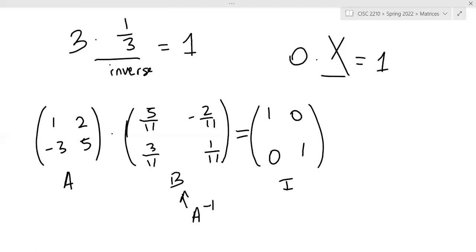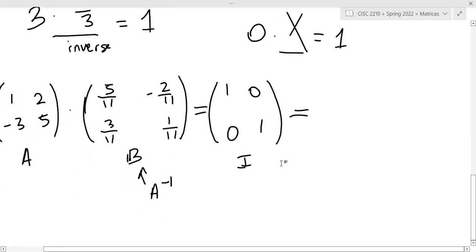The notation is similar to the inverse function. Remember we talked about the inverse of f. Here we're dealing with matrices, but this is the inverse of A. Why is it the inverse of A? Because when I take B and multiply it by A, I get I. And this also works in the other order. If I do B times A, it's going to give me the identity as well.